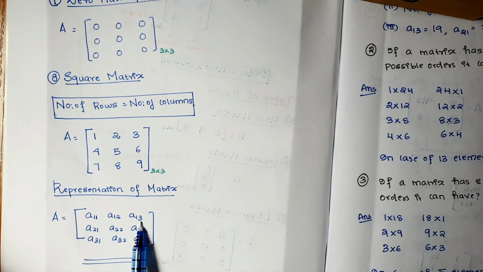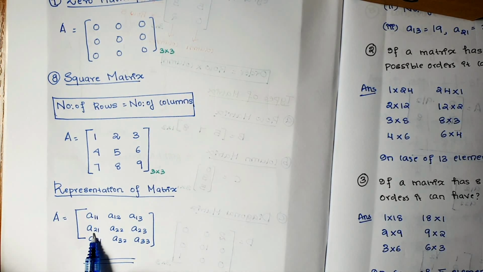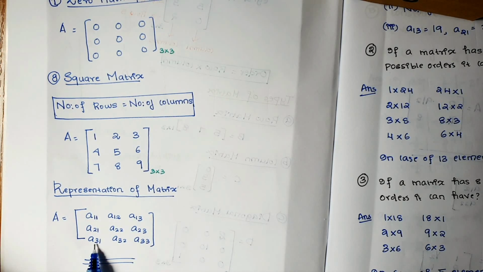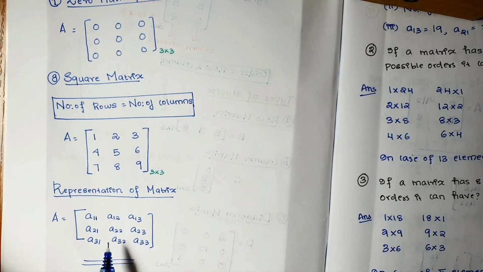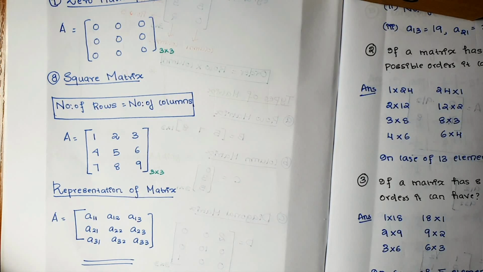First row, third column. Second row, here this element is at the second row and first column. This is at the second row and second column. Second row, third column. This is third row, first column. Third row, second column. Third row, third column. This is how we are representing a matrix.